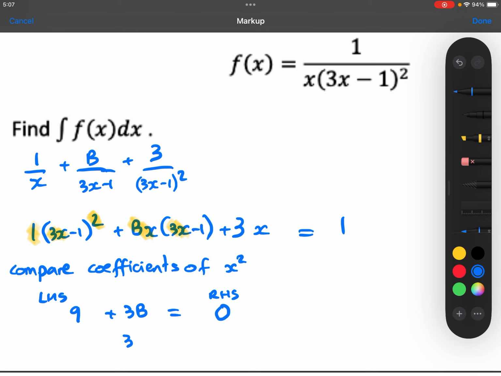So therefore, 3b will have to be minus 9 and b has to be minus 3. Which means I can now replace the b here and here with minus 3.